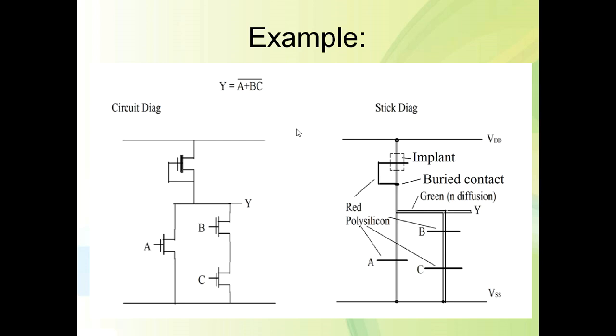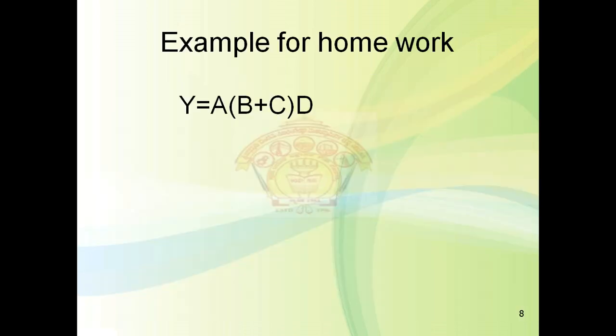Now we can take one more example for homework, that is Y is equal to (A into (B plus C) bracket complete D) complement. So you draw the circuit diagram for this first and then draw the stick diagram for this.